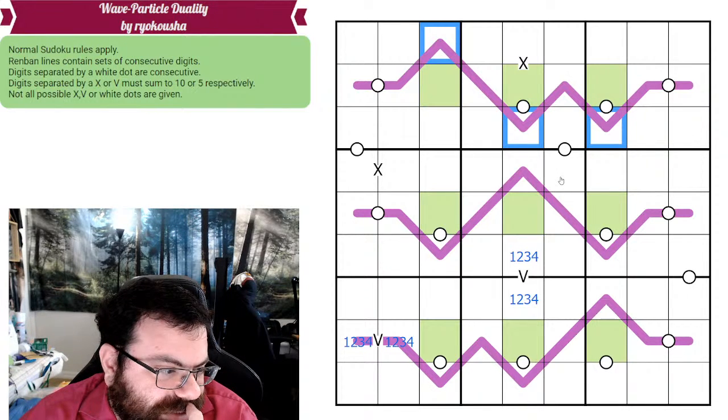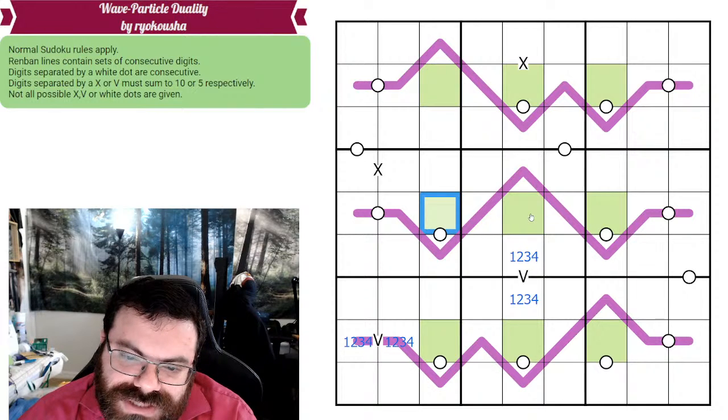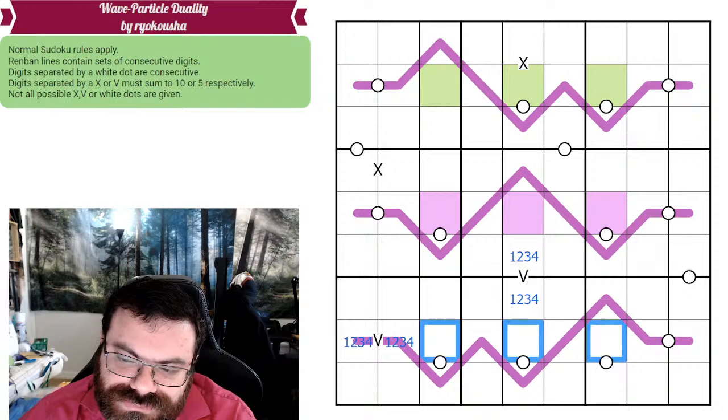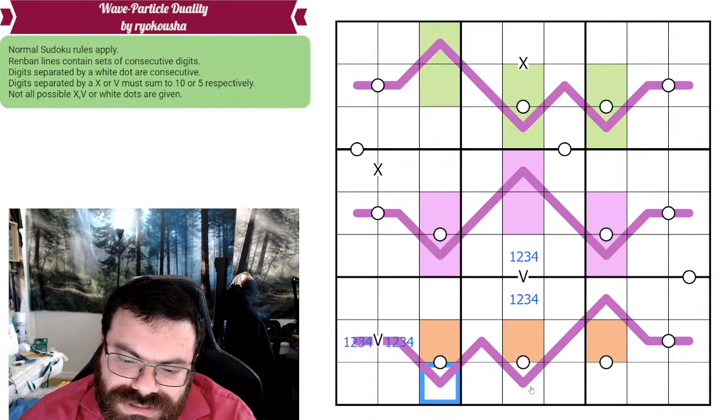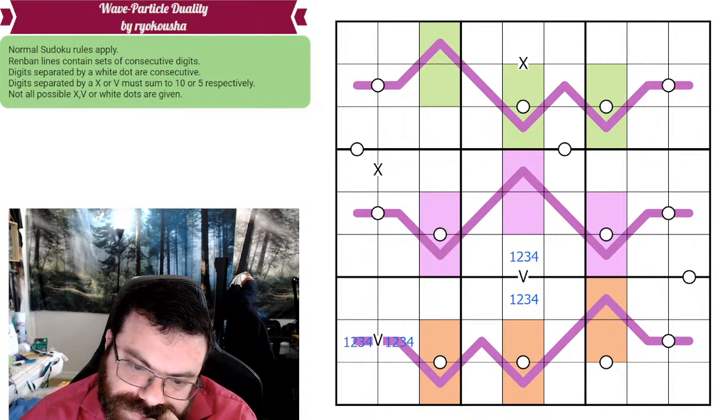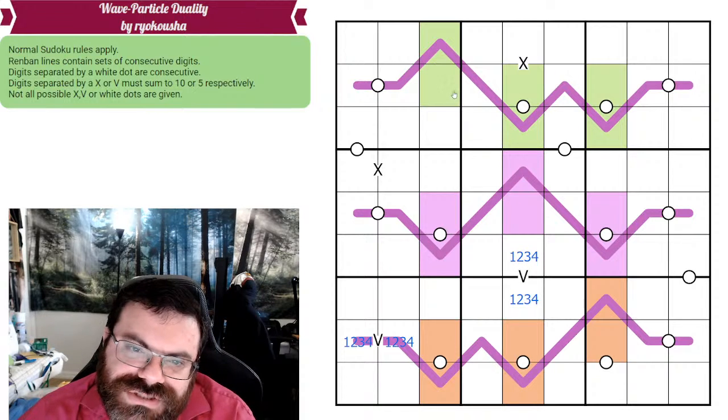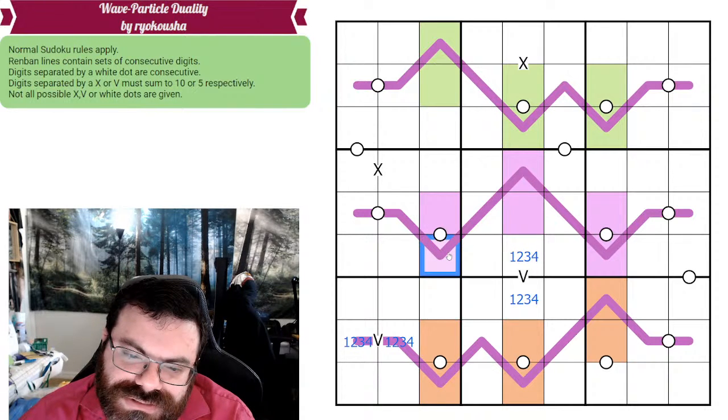So what are we trying to say? Okay, so maybe if I use a different color here. So these are green, these are purple, and these are orange. So actually, this one here, where can it be? Wait, is that how I think about it? It can't be this one or... Never mind.